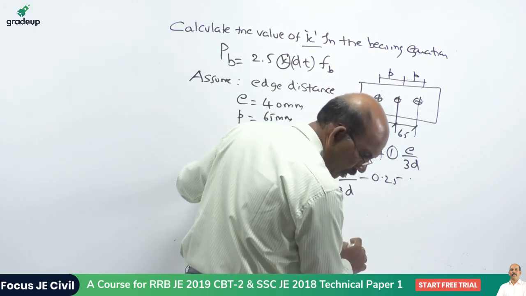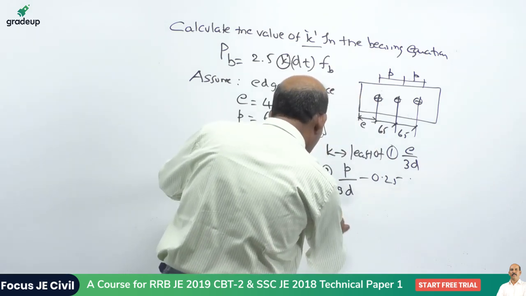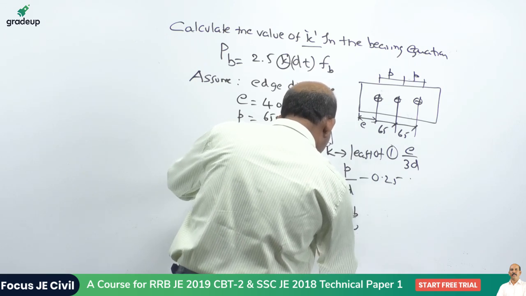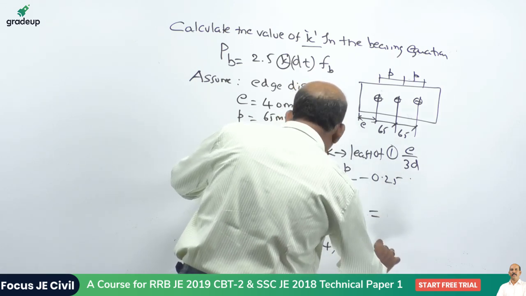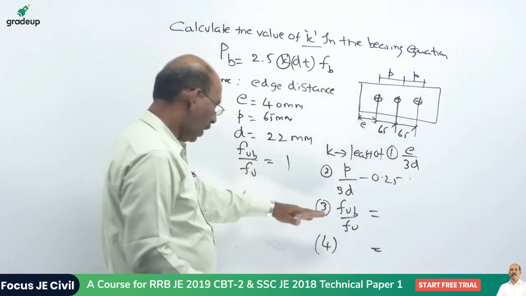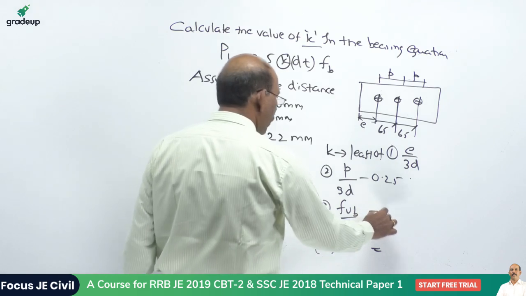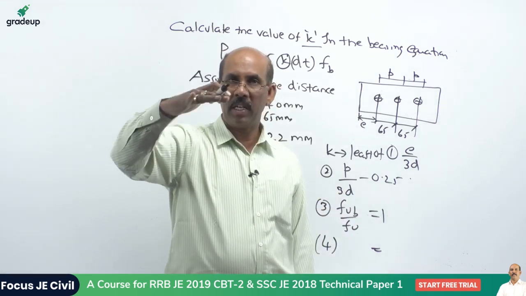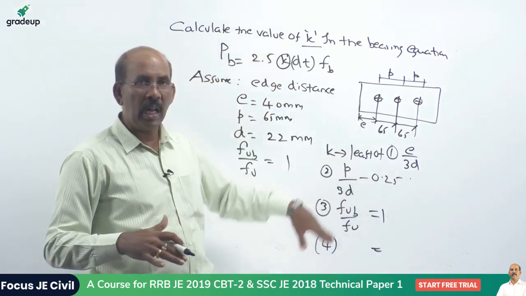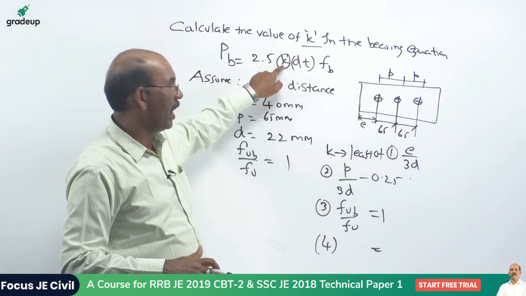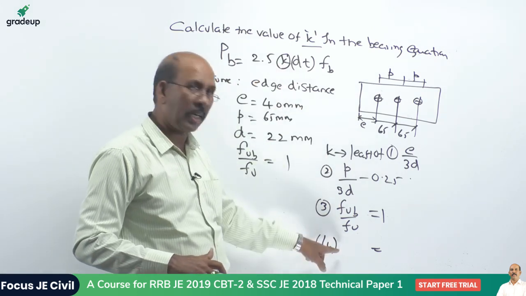The third condition is FUB by FU, which is 1. You have to calculate the value of K from these conditions.